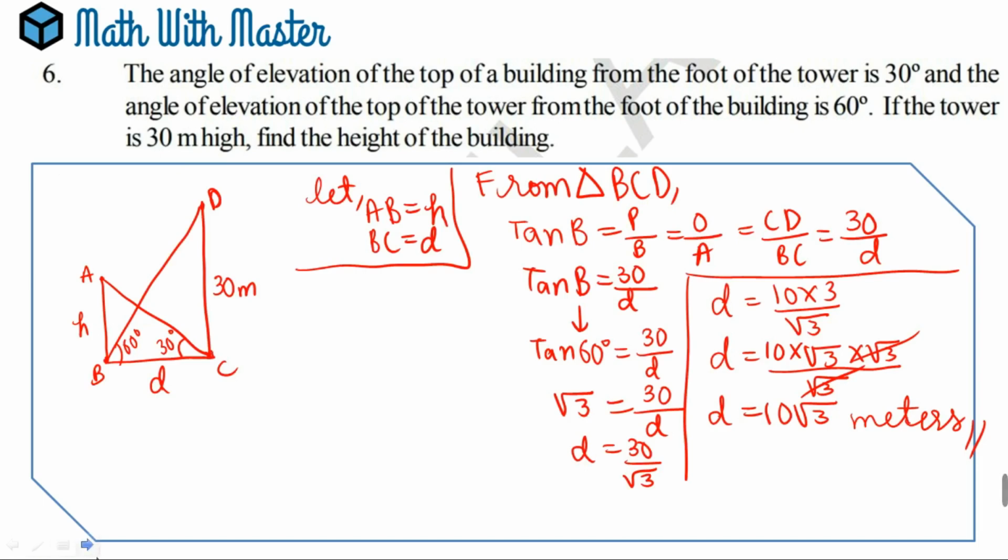We have to take once again the tan trigonometric ratio over here because perpendicular and base are involved. You can also take the cot trigonometric ratio, but tan is more used. So we are also taking tan over here.